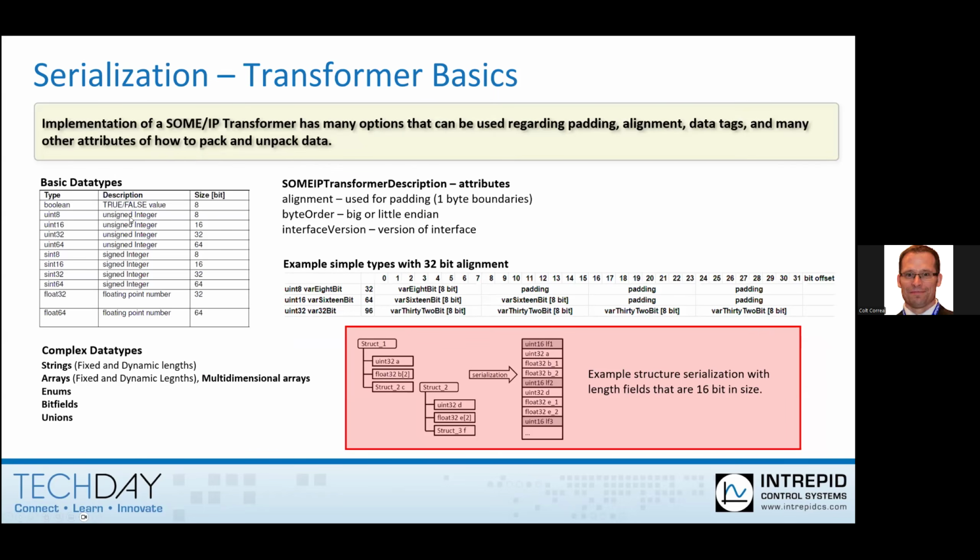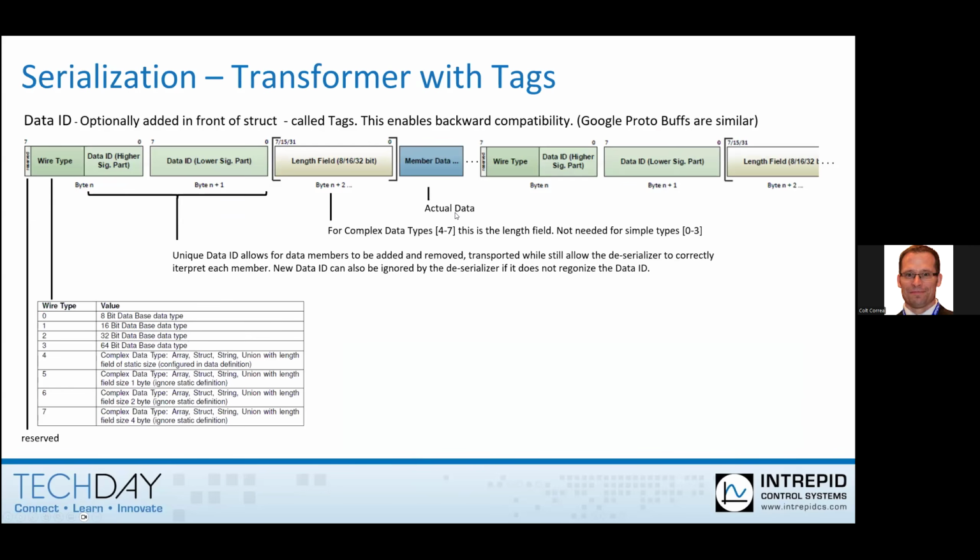But essentially, there are a lot of different options in which you can use a transformer. We can transform data just based on data. We can also transform the data, including tags. If we have a tag, this is optional.